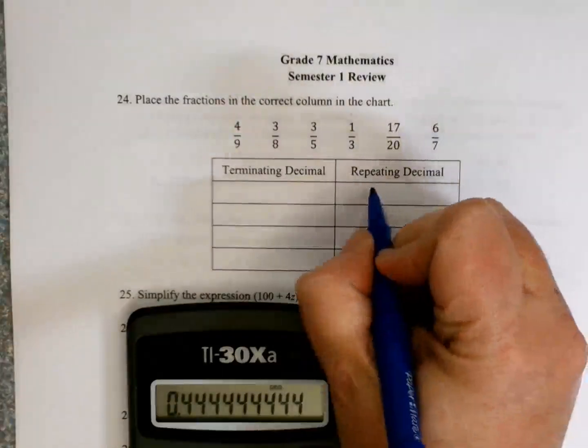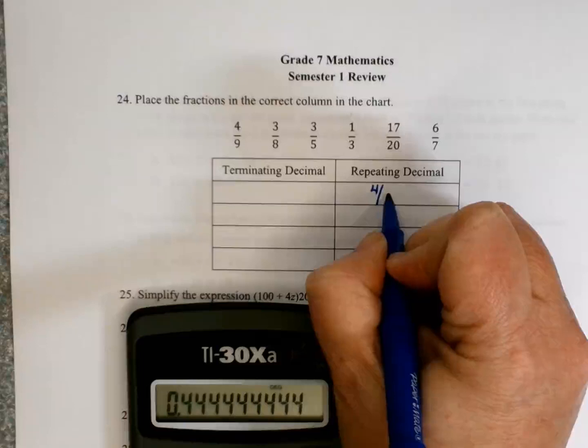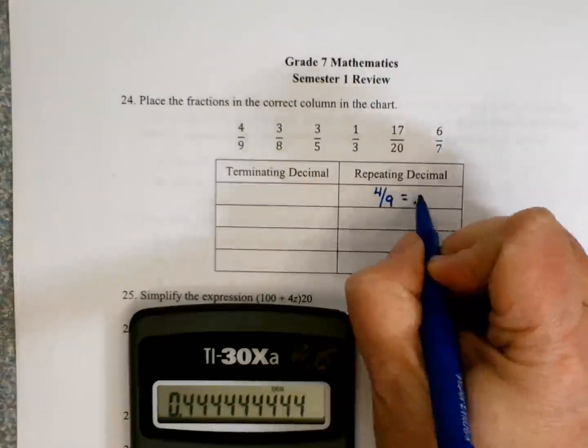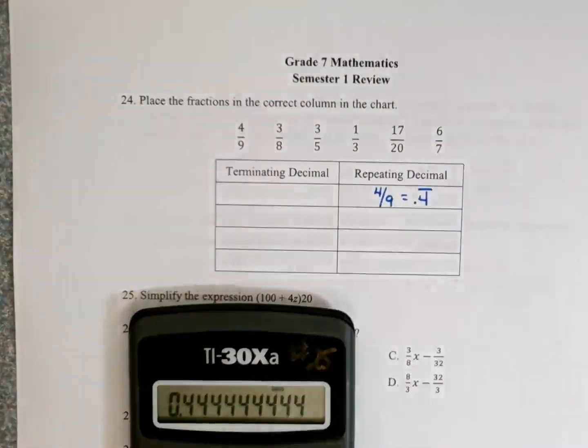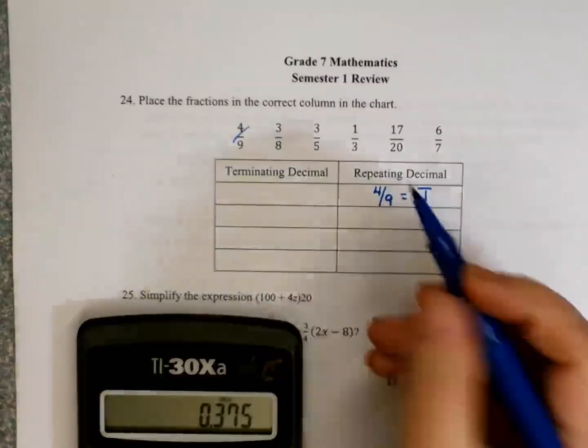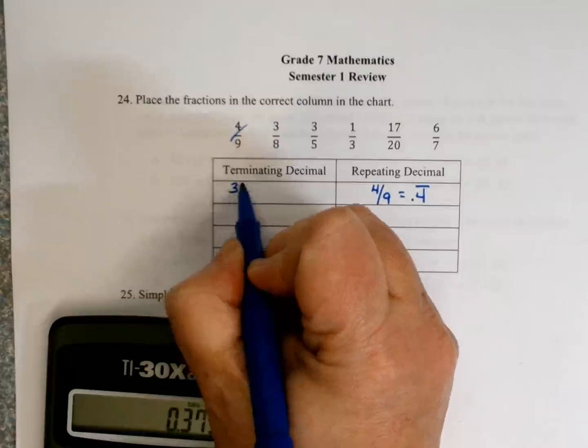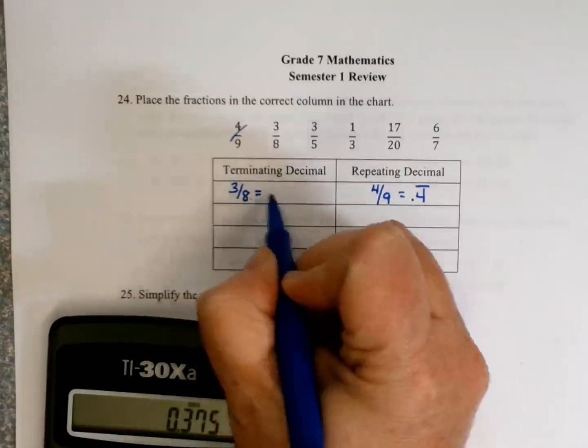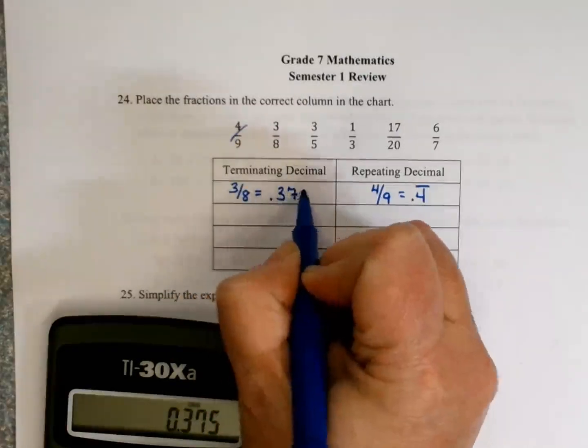So 4/9 is going to go here. Okay? So let's do 3/8. 3 divided by 8 is 0.375, and then it stops. So 3/8 equals 0.375.